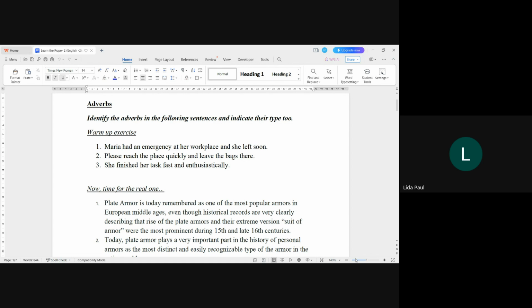These are commonly used words. It's just that we don't know that they are adverbs, right? So we're going to look at some of them specifically, to understand what else these adverbs can do in addition to their already known functions, right?